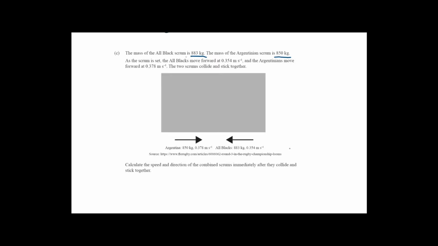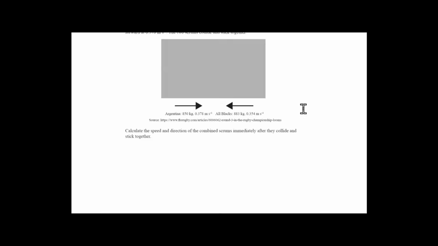As the scrum is set, the All Blacks move forward at 0.354 meters per second, and the Argentinians move forward at 0.378 meters per second. So in other words, the All Black scrum is larger, but it's moving slower, and the Argentinian scrum is slightly smaller, but it's moving faster in the opposite direction. Who is going to win?